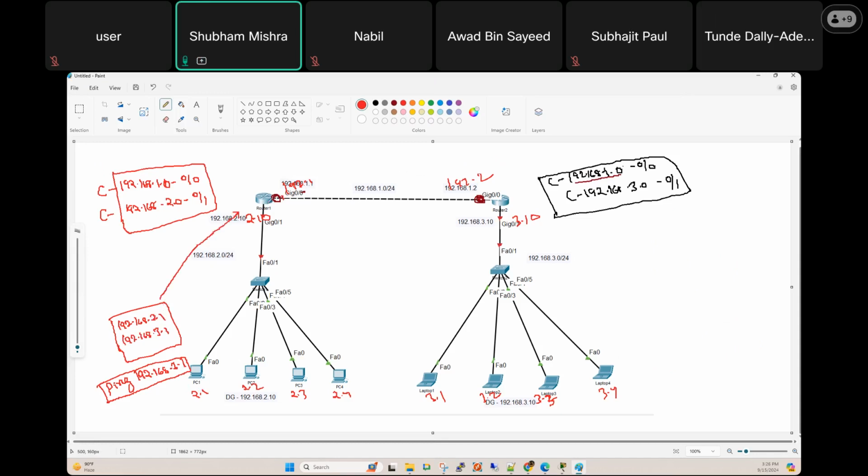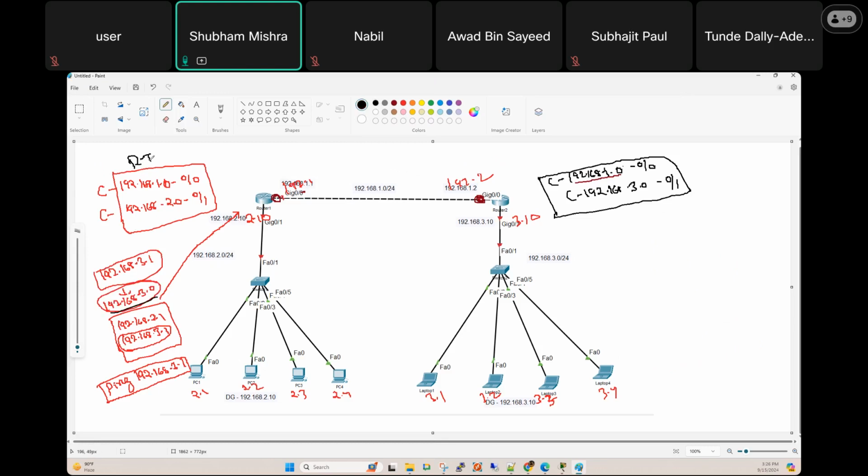What will the router do? The router first of all checks the destination IP address. What is the destination IP address? 192.168.3.1. Then the router will check which prefix this IP address belongs to. Prefix means network ID. So it means 192.168.3.0. Then the router will try to find this network in which table?